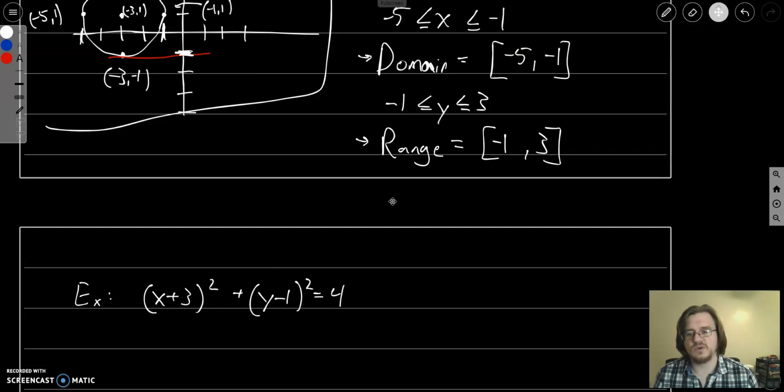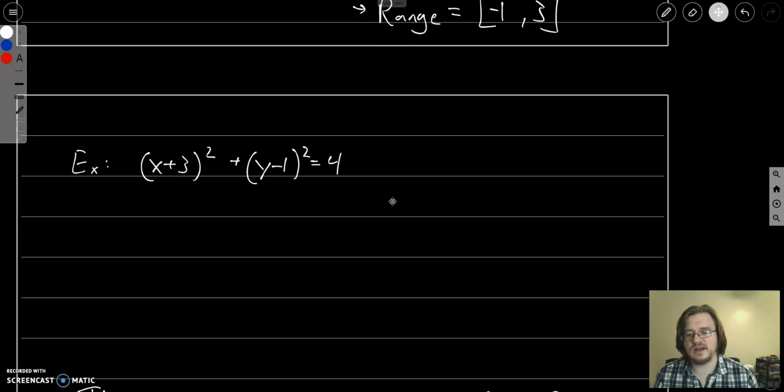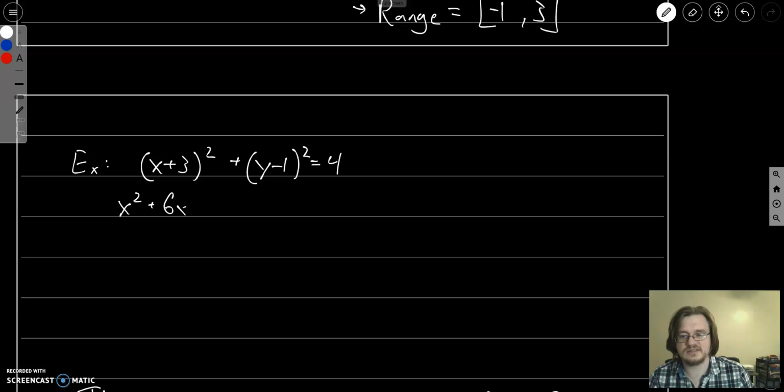Okay, so one thing that's a little bit interesting is if we take the standard equation of a circle and we FOIL everything out, it won't look like the standard equation of a circle anymore. If I take x plus 3 and I square it, I'm going to get x² + 3x + 3x, so that's 6x + 9.